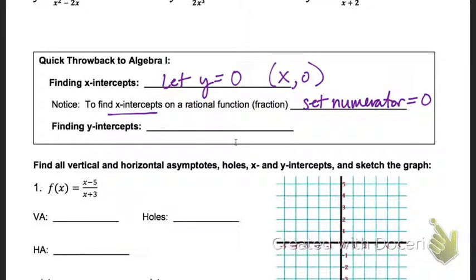So the bottom is your vertical asymptote, the top is your x-intercept. And to find y-intercepts, you let x equal 0, giving 0 comma y. For this unit's purposes, we're basically just doing these two things since it's rational.